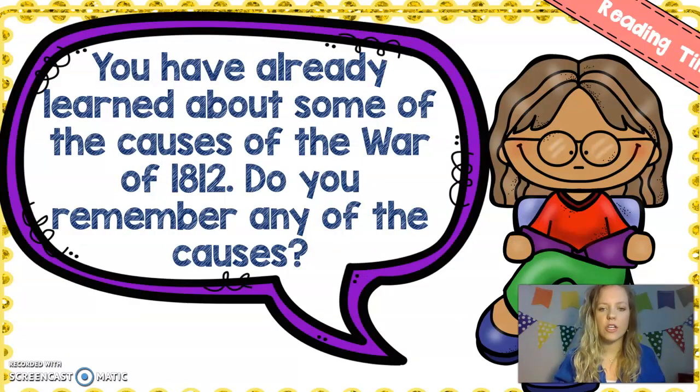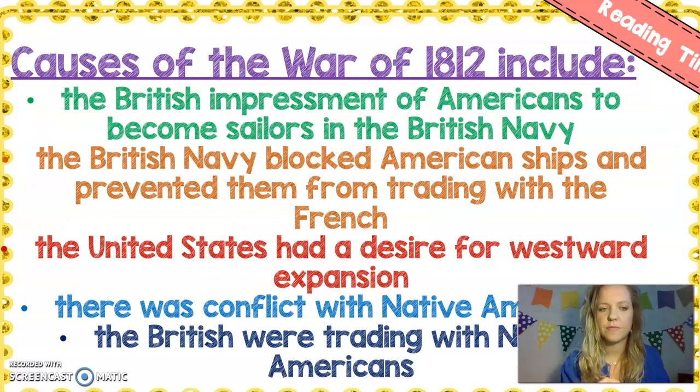You have already learned about some of the causes of the War of 1812. Do you remember any of the causes? Think about them. And again, if at any point you need to pause because I'm going too fast, no problem. You can also rewatch. But I only have, like I said, a 15-minute time limit. So, causes of the War of 1812 include the British imprisonment of Americans to become sailors in the British Navy.